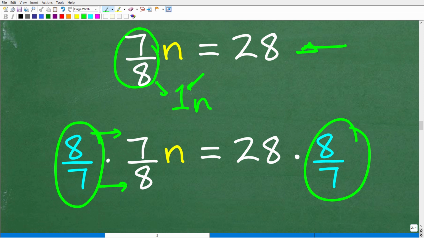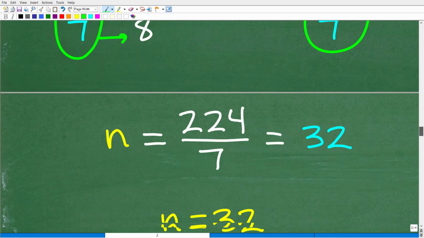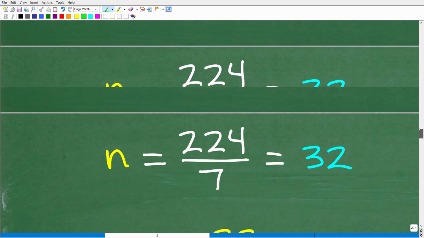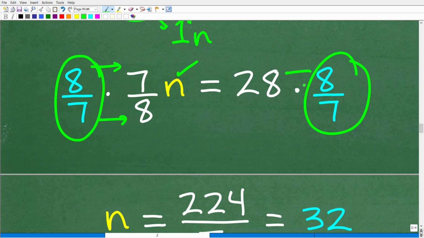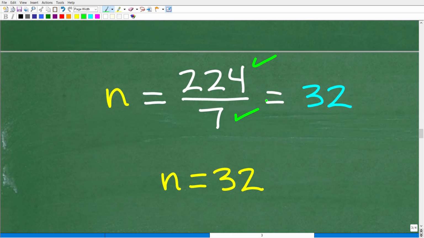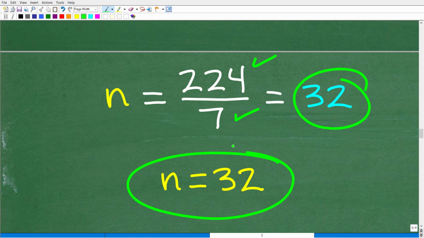So let's go ahead and multiply both sides of the equation by 8 over 7, and we will have solved for n. So let's take a look at the final solution. When we multiply 8 times 28, that's 224 over 7. Let me just show you the math right here. 224 divided by 7 will be 32. So n is equal to 32.